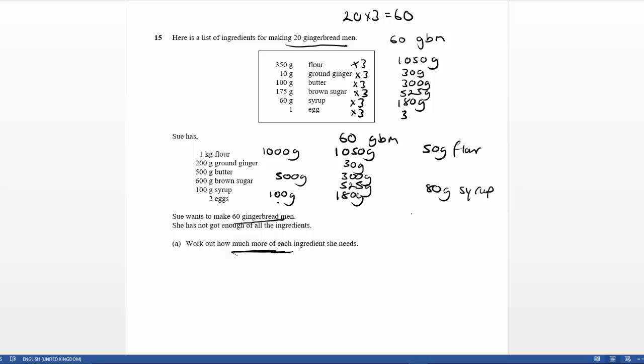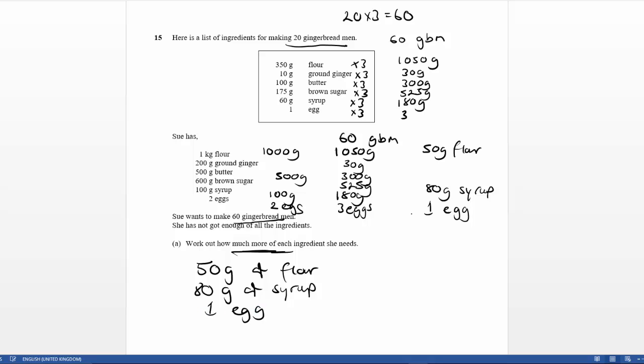We only have 2 eggs. We need 1 more, because to make 60 we need 3 eggs, so we need 1 egg. So our final workings here, we need 50 grams of flour, we need 80 grams of syrup, and we need 1 extra egg. Let's highlight these.